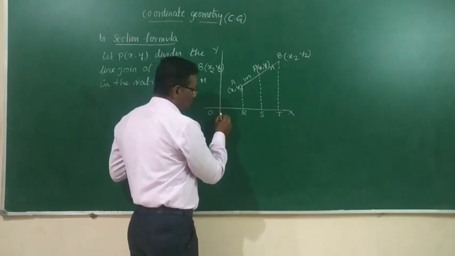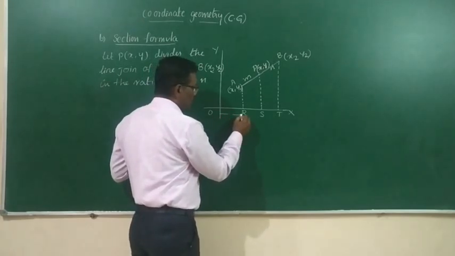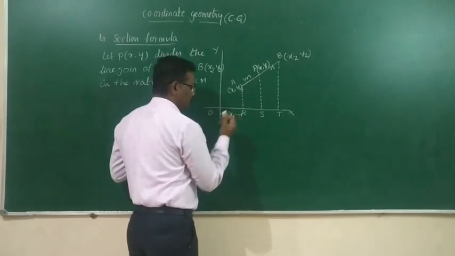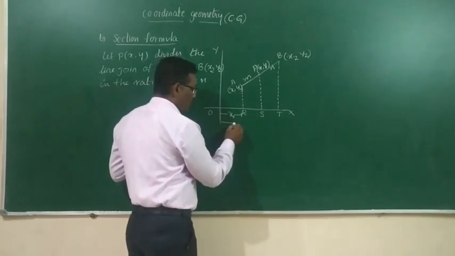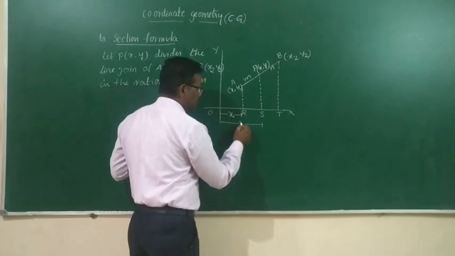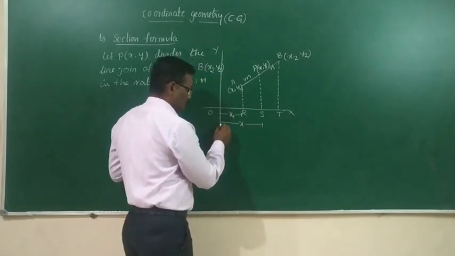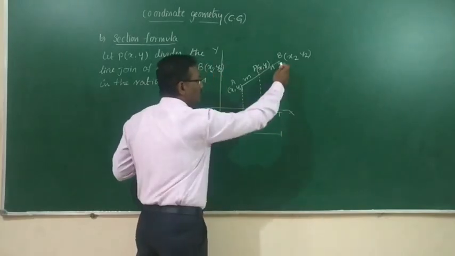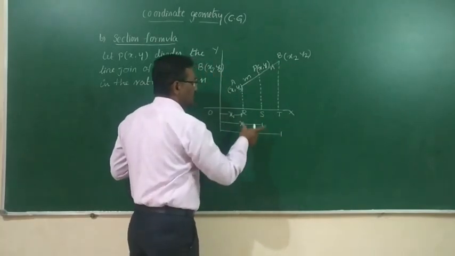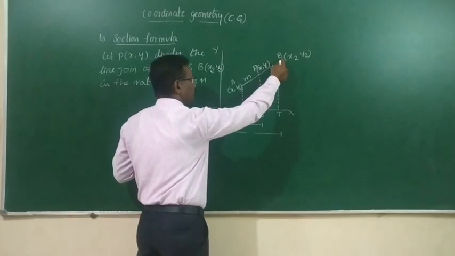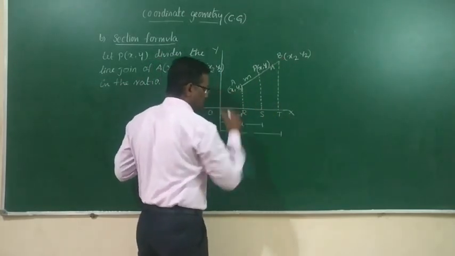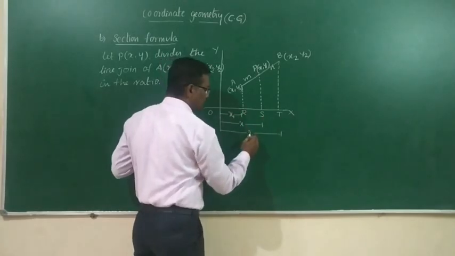So what is the O to R distance? O to R distance is x1 units and O to S distance is x units and O to T distance. That means for locating point B, we have to walk on the x-axis up to x2 units. That means O to T is x2 units.